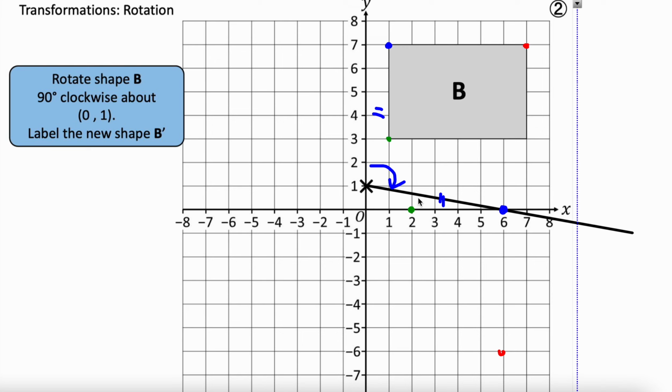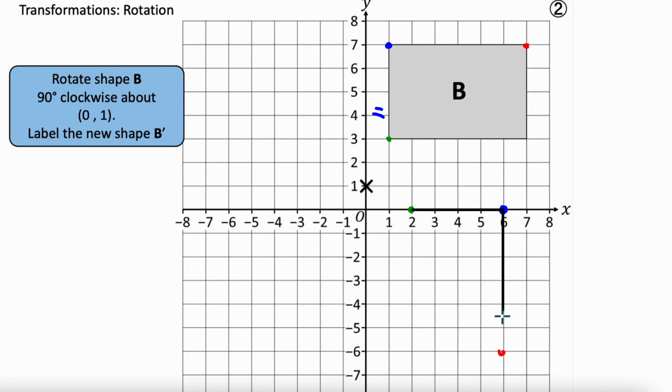So let's see what we have. We can remove everything now. And we clearly have this green, the blue, and the red vertices. So we now only need to connect those vertices. So we have 1, 2, and the other vertex clearly will be here.